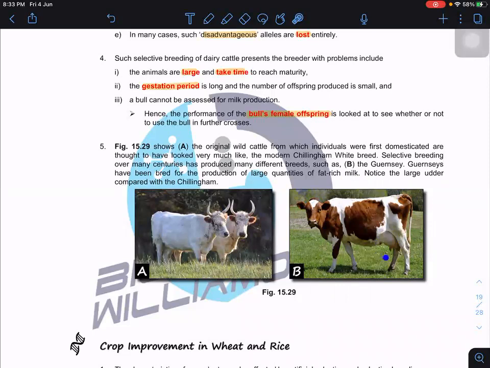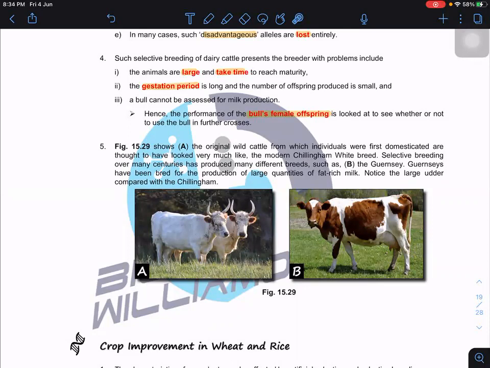They have very large adults compared to the original one. Why? Because those that are small, we don't allow them to reproduce, and those that are big, we allow them to reproduce. Continue for many generations, then we will be able to get a particular variety. But as I say, over a long period of time, what will happen here?